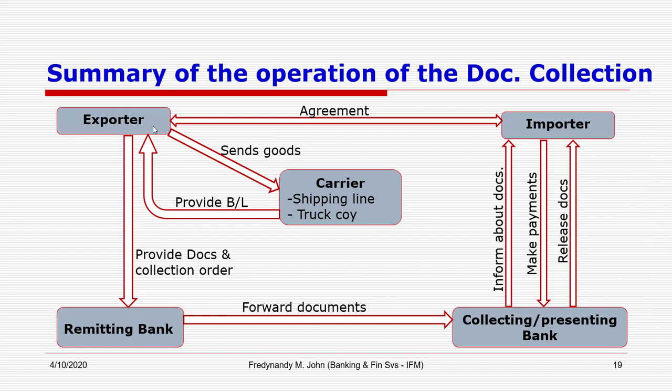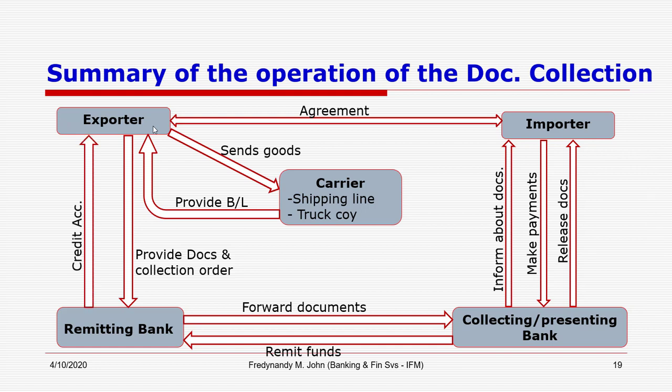Once the importer has received these documents, he will proceed to the shipping company or the shipping agents to claim the goods. In the meantime, the collecting bank will remit the received funds from the importer to the remitting bank, which will subsequently credit the account of the exporter.